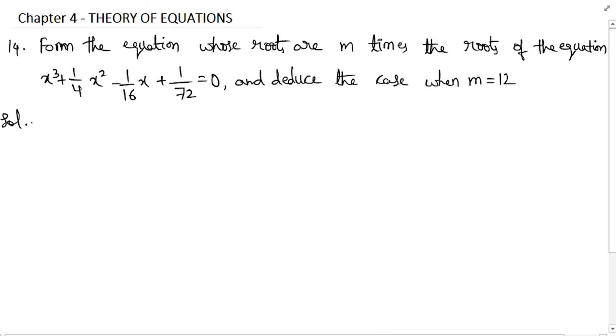Now we'll move on to the 14th question. Here we have to form the equation whose roots are m times the roots of the given equation, and that gives the case when m is equal to 12.